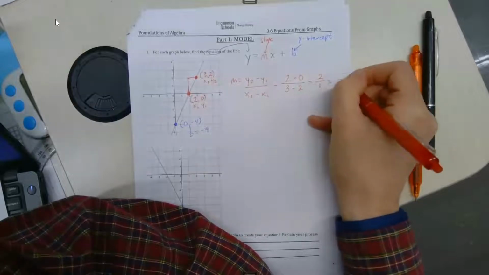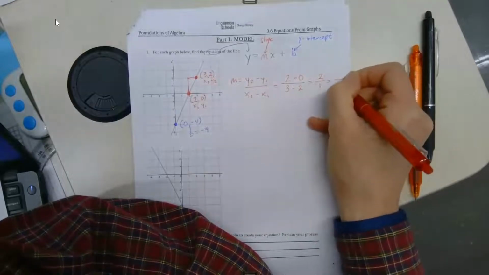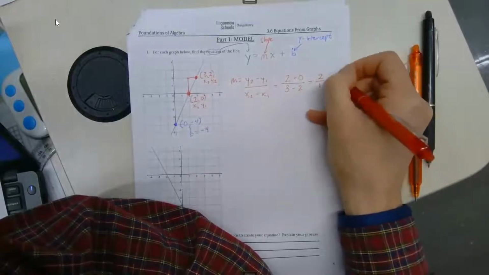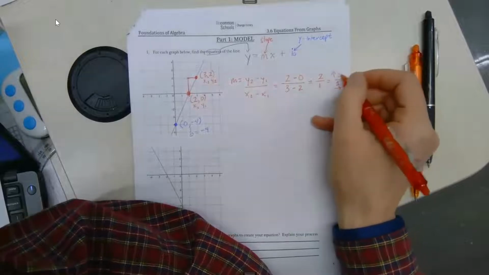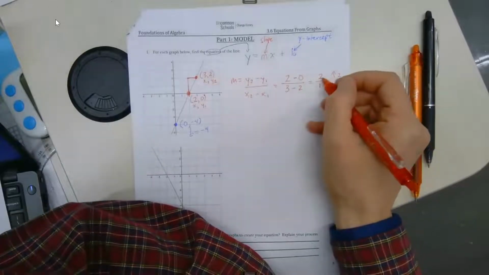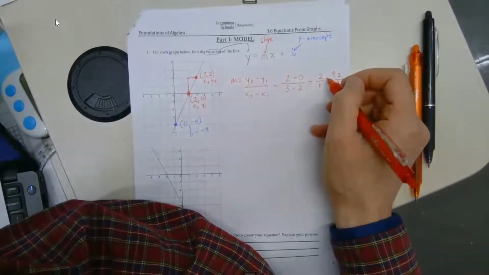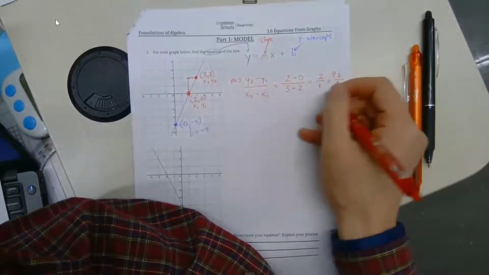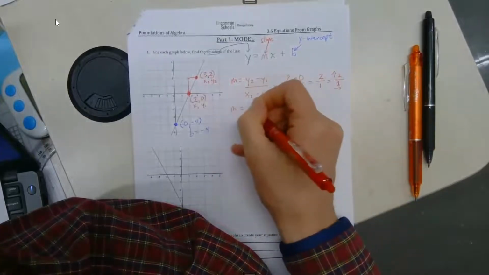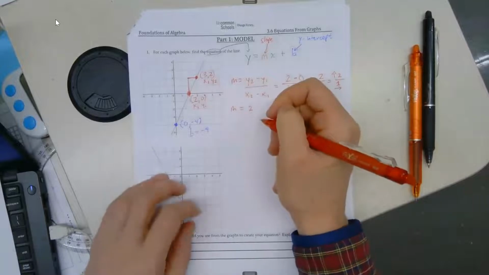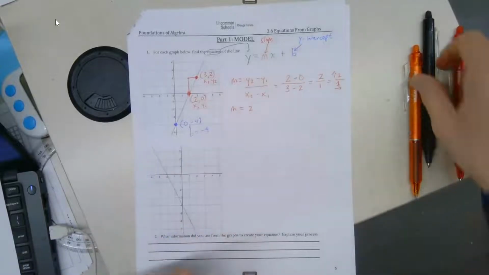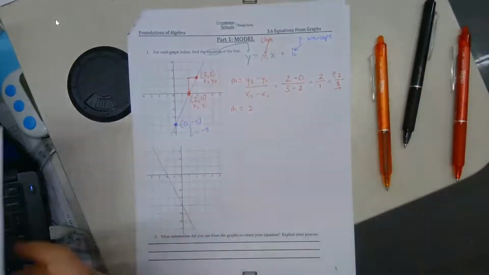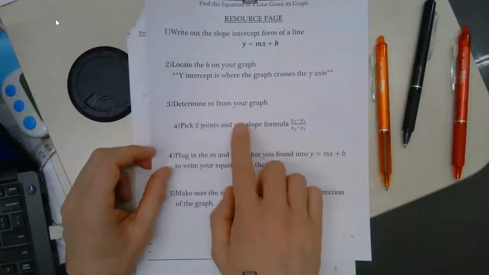That means that as we go right 1 unit, we go up 2 units because the sign of the numerator is positive. Now I can simplify that 2 over 1 equals 2. So now we know our slope.